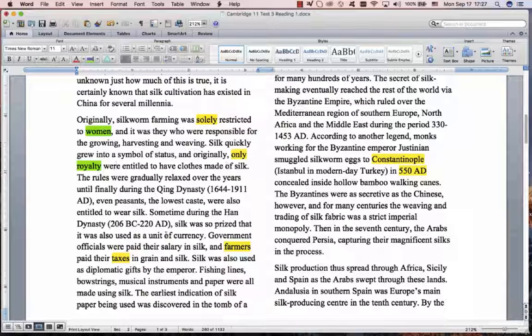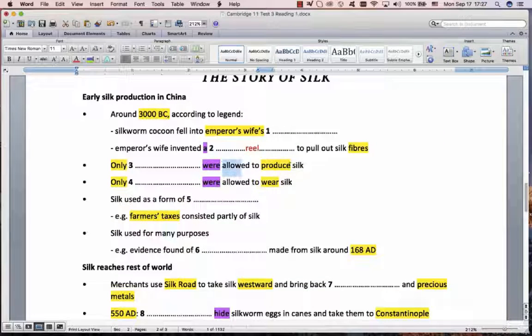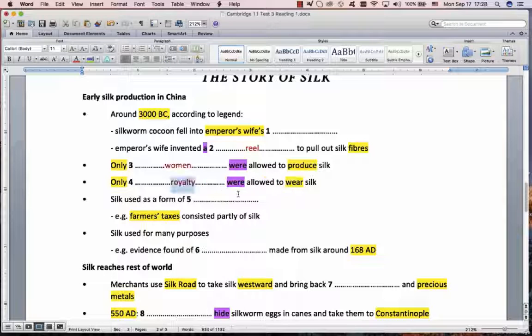They tried to trick you, I know, using that word there and using the only there. But you must really focus on getting all of the meaning. If that's not there, then it's not there. You can't just add it. So this was women and this was royalty. It was trying to trick us there.